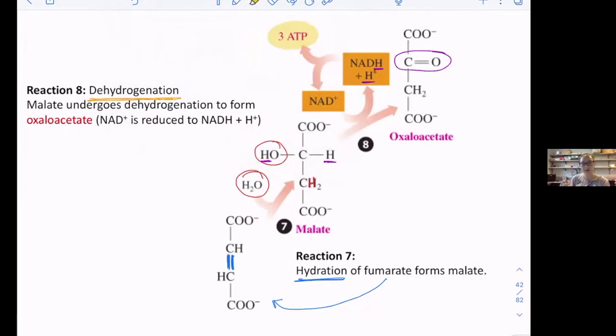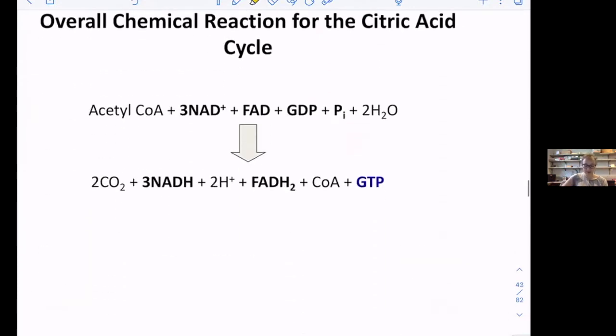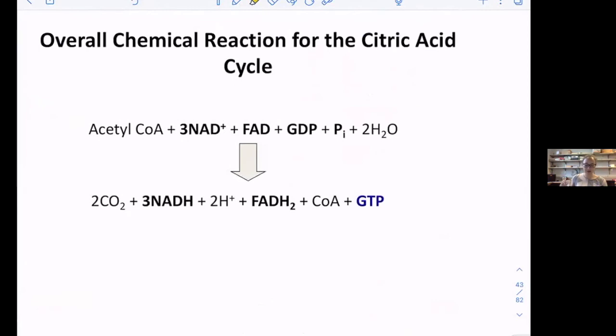So part 1 of the citric acid cycle was getting rid of carbons through CO2. Part 2 is isomerizing and getting back, producing ATP, to the oxaloacetate, which then can go back into part 1 in the citric acid cycle. So let's go back and look at the overall chemical reaction of the citric acid cycle. We have acetyl-CoA plus 3 NAD+, FAD, GDP, plus Pi forms 2 carbon dioxides.